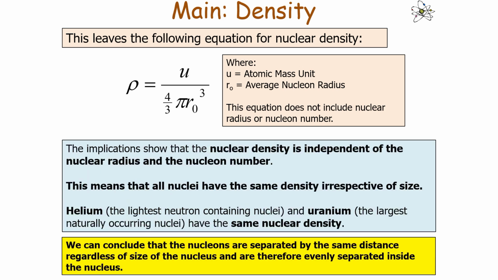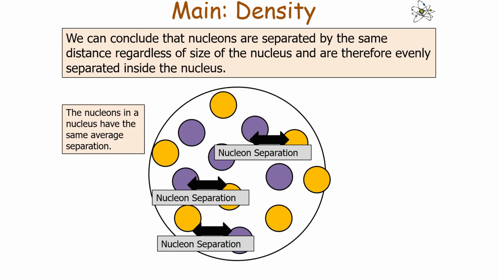So what we can conclude is that nucleons are separated by the same distance regardless of the size of the nucleus and are therefore evenly separated inside the nucleus. So because the nuclear density is constant, you've got the same nuclear separation in all nuclei of all the elements in the universe.